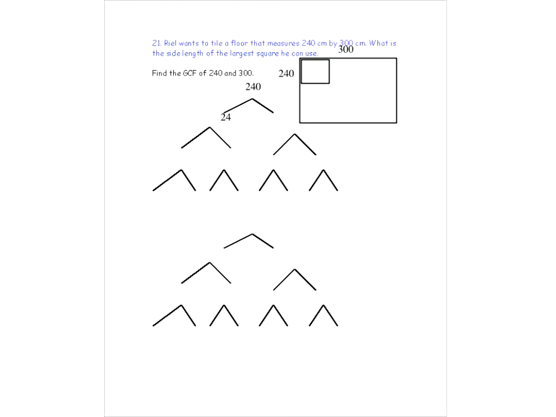And can you help me break down the 24 some more? Okay, we got 2 and 12 for the 24. And how about the 10? The two numbers multiply to give 10, 2 and 5.